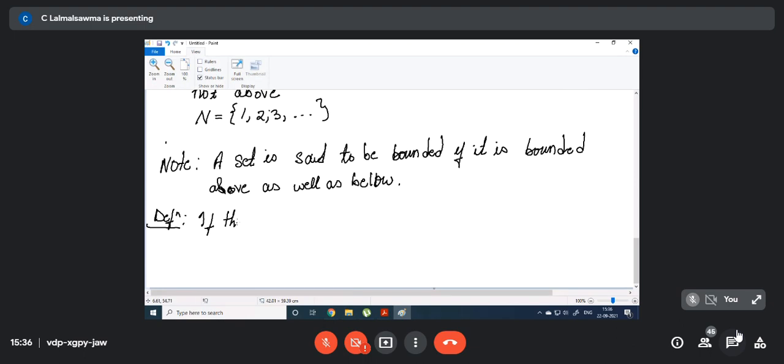If the set of all upper bounds... In the first class, we defined a set as a collection of objects. So you may imagine the collection of all upper bounds, so you can understand better.